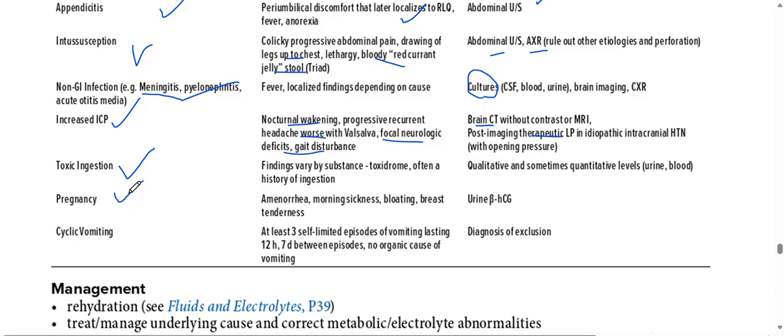Then cyclical vomiting: at least 3 self-limited episodes of vomiting lasting 12 hours, with 7 days between episodes, and no organic cause of vomiting.